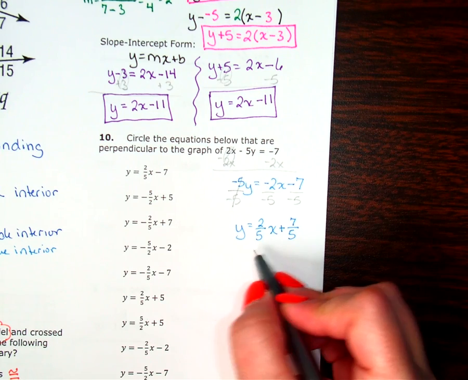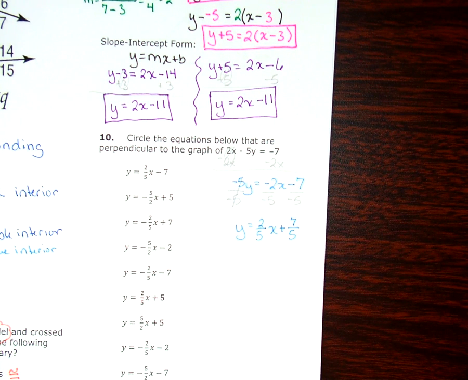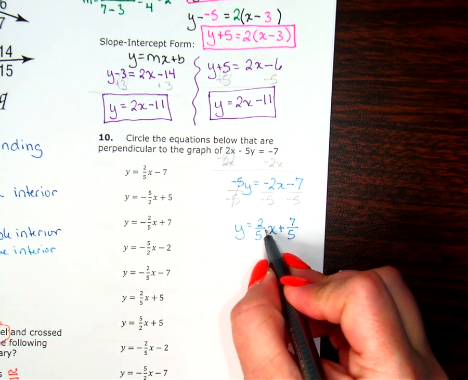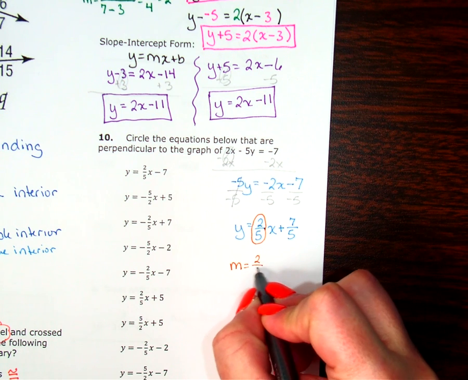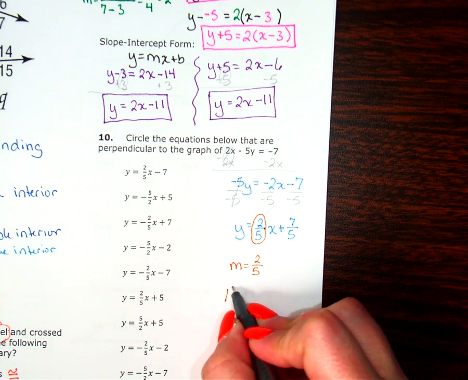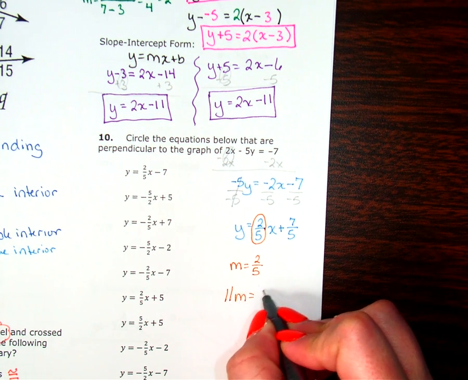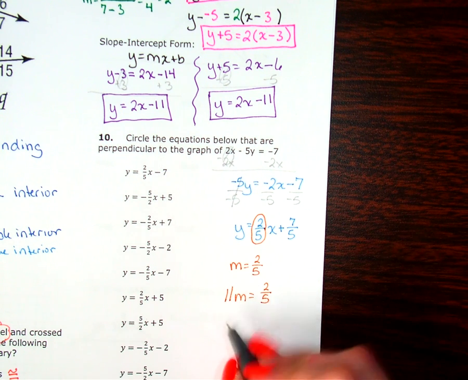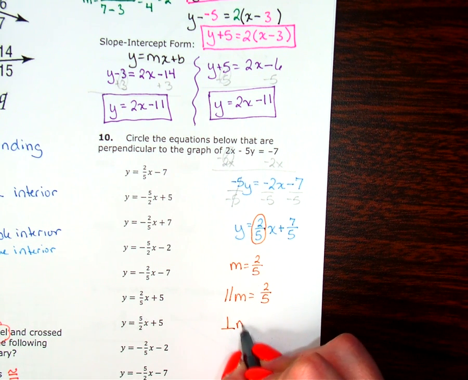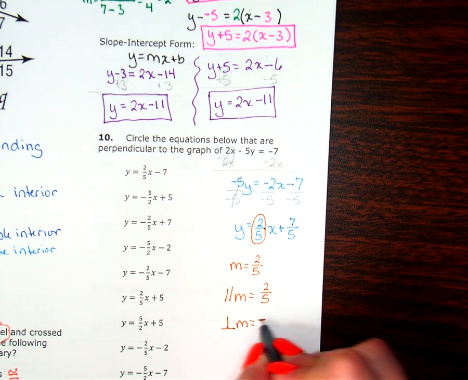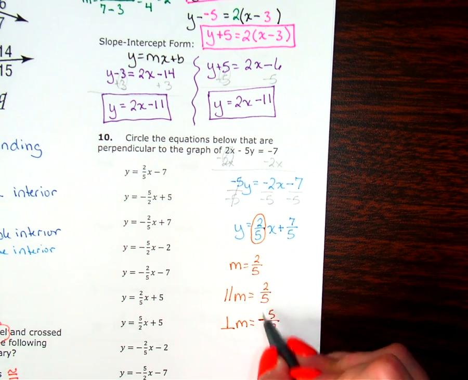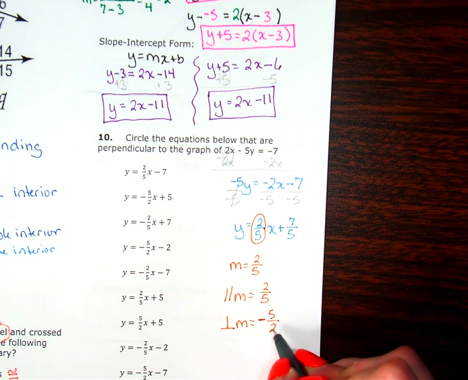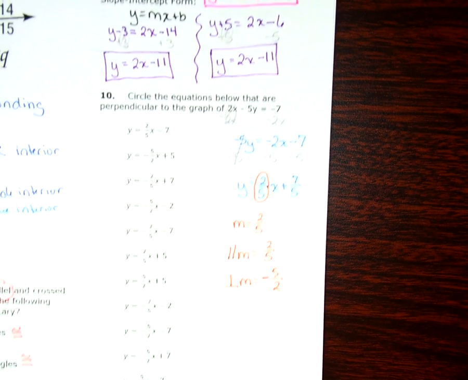So the slope I'm looking at when I look at this equation is 2/5. That's my slope. So that means my parallel slope would also be 2/5. And my perpendicular slope would be a negative, and then you flip it over, 5/2, so that this one's positive, this one's negative, and they're also the reciprocals, so they're opposite reciprocals.